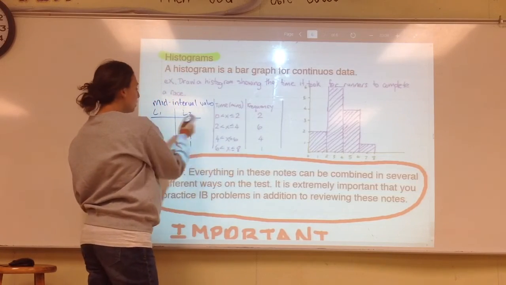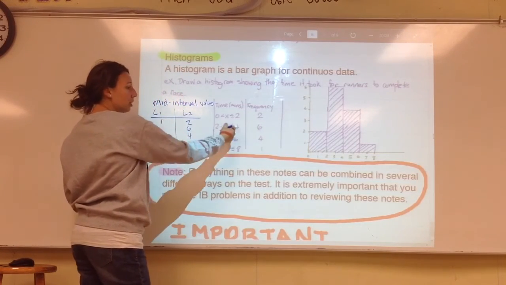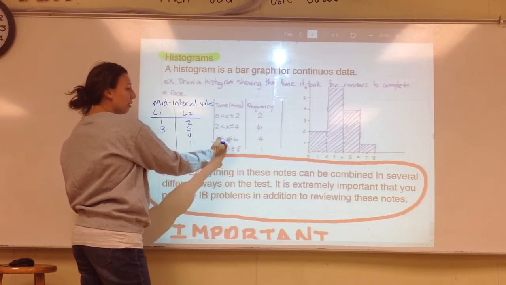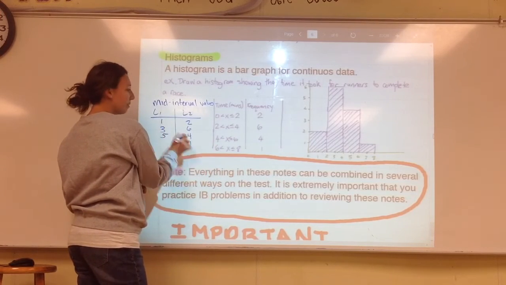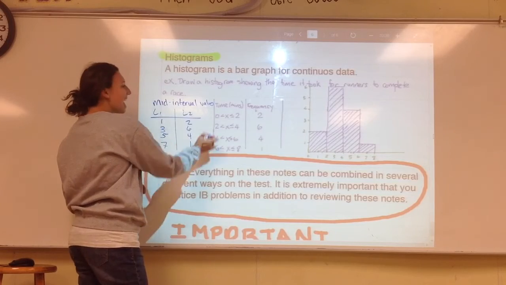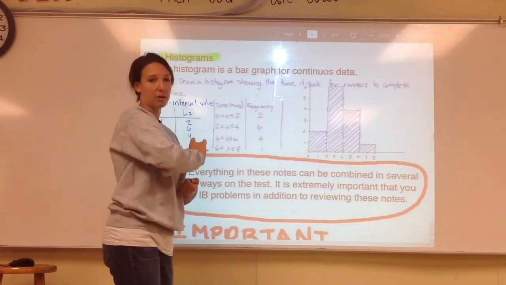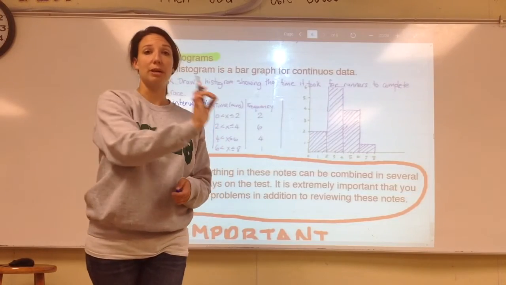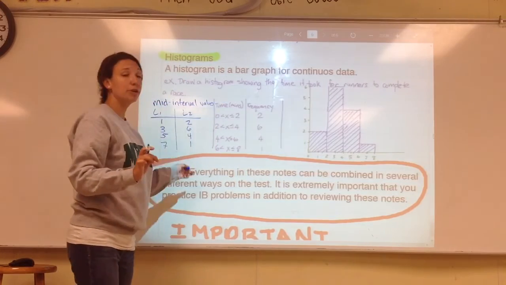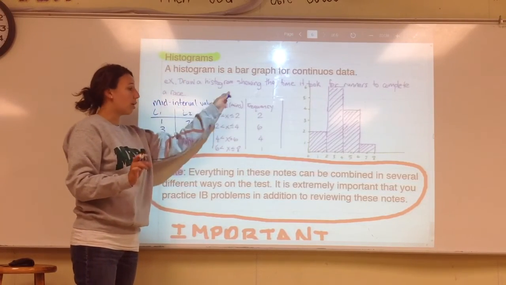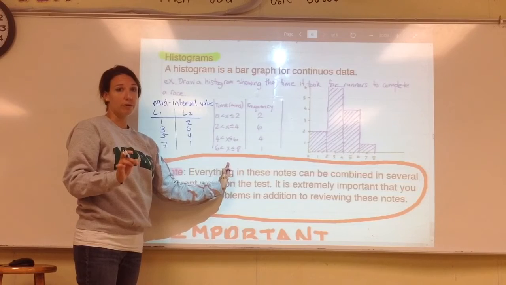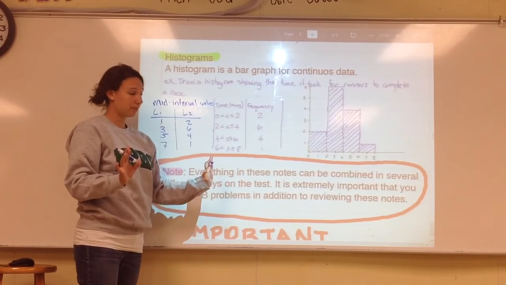So the middle between 0 and 2 would be 1, 2 and 4, 3, 4 and 6, 5, 6 and 7, 8. And this is what I'm going to type in my calculator to find that one variable statistic, where I still have my frequency list, but my L1 are my middle values for all of these intervals, okay?